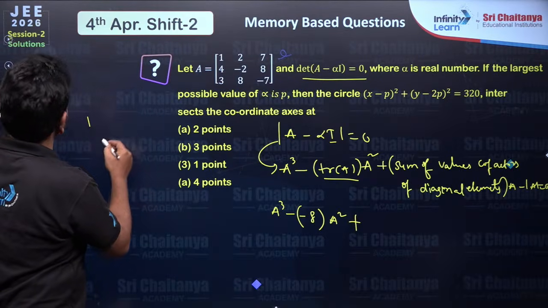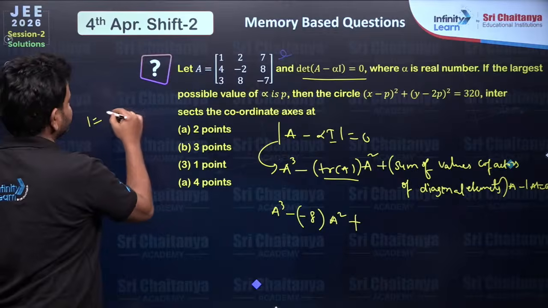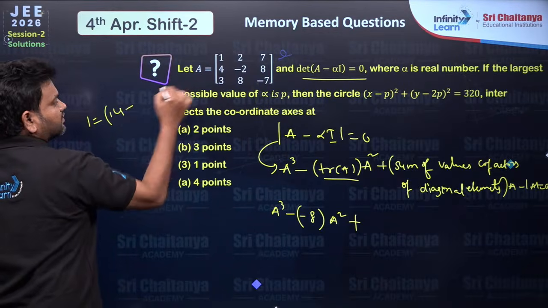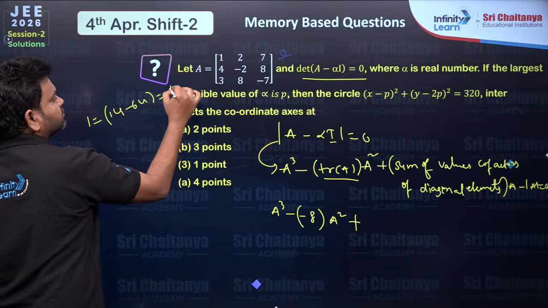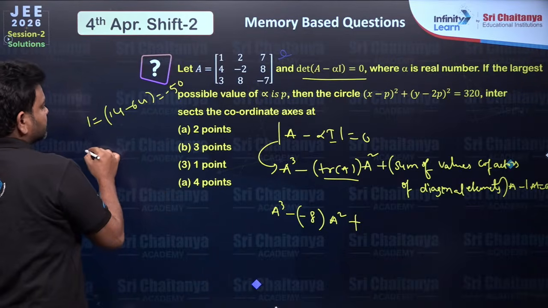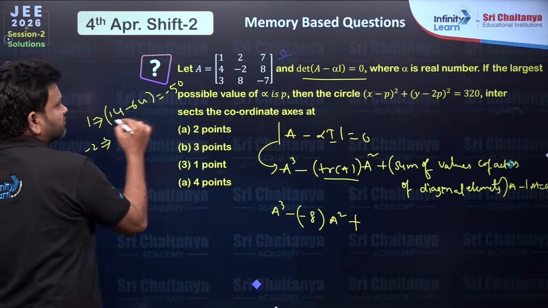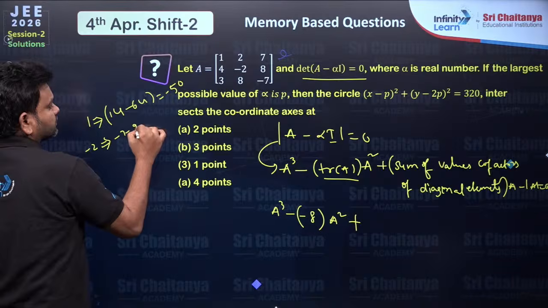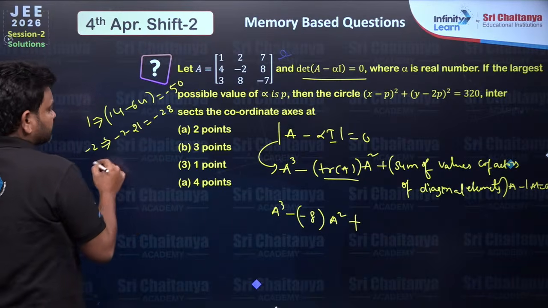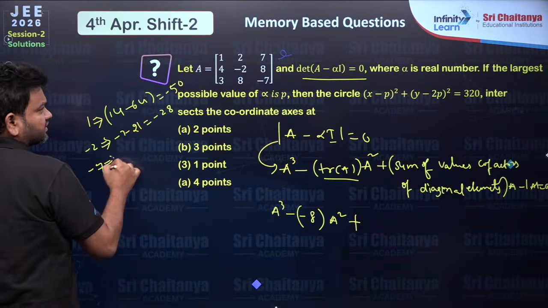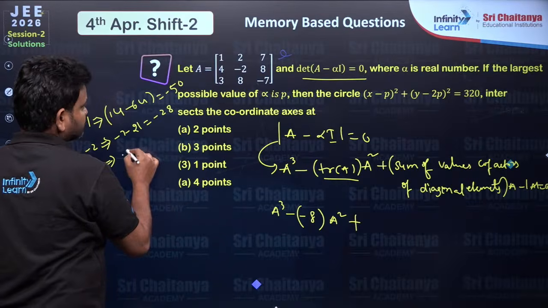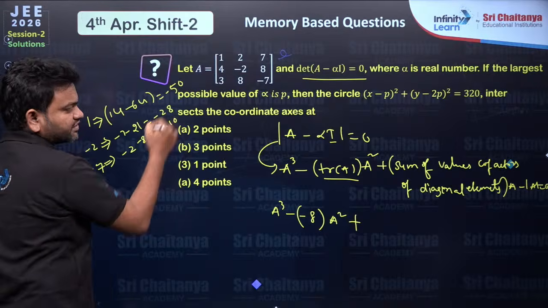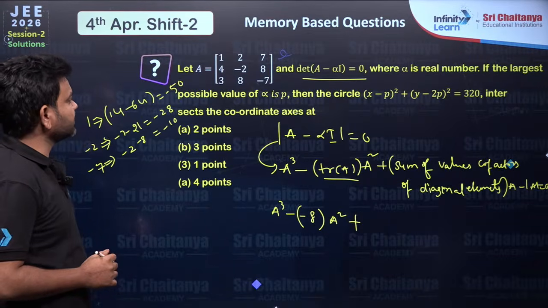The cofactor of this is going to be equal to 14 minus 64, which is minus 50, and when I solve for minus 2, the value of this is going to be minus 7 minus 21, which is minus 28, and when I solve it for 7, the value of this is going to be minus 2 and minus 8, which is minus 10. So the summation of this is becoming minus 88.